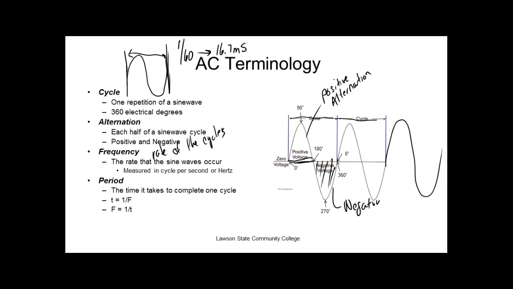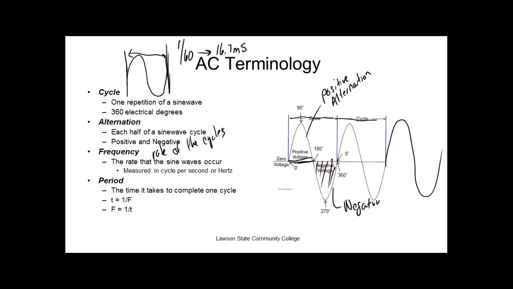Y'all believe that? I've been dealing with Alabama Power so long, this is something that I know. So one alternation would be 8.33 milliseconds. It's actually 16.666666, and it goes on forever. So this is the rate: we get a new cycle every 16.7 milliseconds. AC does not have a polarity. Why?